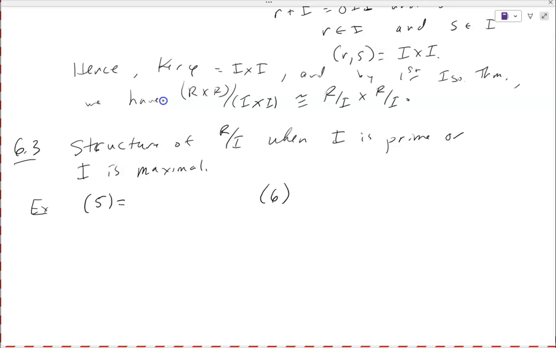Well, since it's a principal ideal, the ring is commutative and the ring has an identity, we know that this is just the set of all multiples of 5. And this is the set of all multiples of 6. Right?